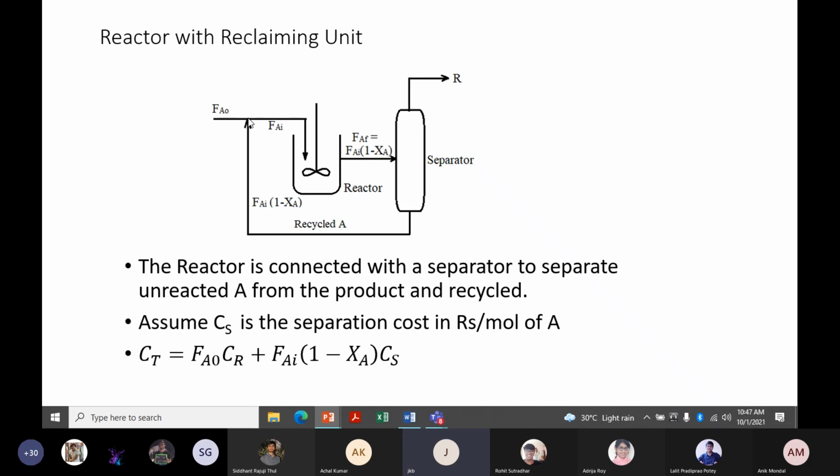And at this junction, we can do a mole balance between the three streams: FA0, FA1 and FA1 (1 minus XA). The cost objective function, the total cost function, will be slightly different: FA0 multiplied by the reactant cost plus the separation cost, CS.